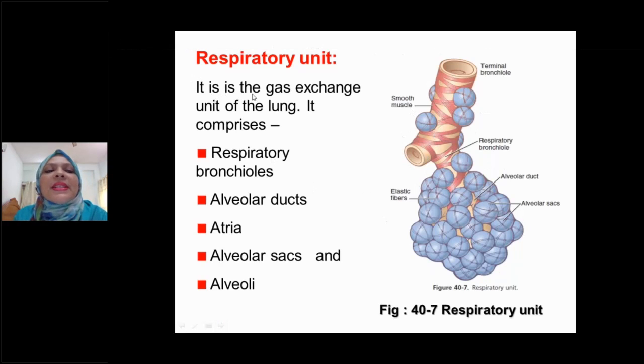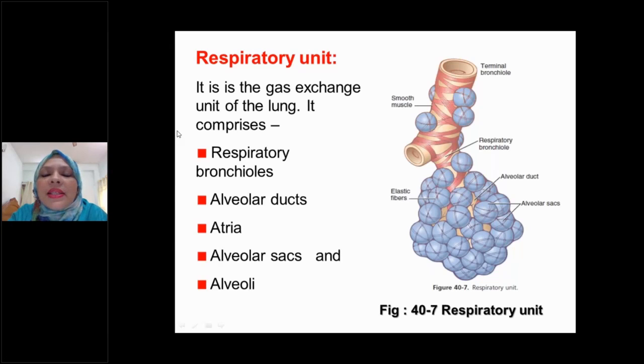Respiratory unit means it is the gas exchange unit of the lung. It comprises respiratory bronchioles, alveolar ducts, atria, alveolar sac, and alveoli. In the previous class, I discussed the anatomical division of the respiratory passage.